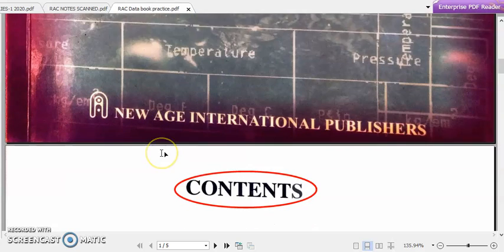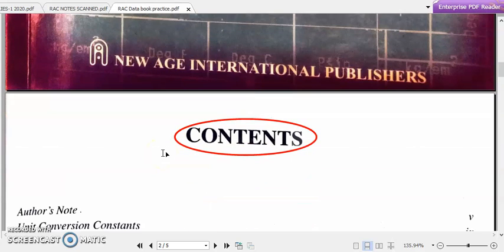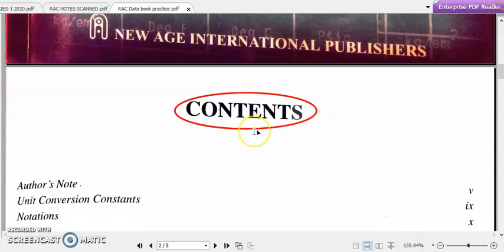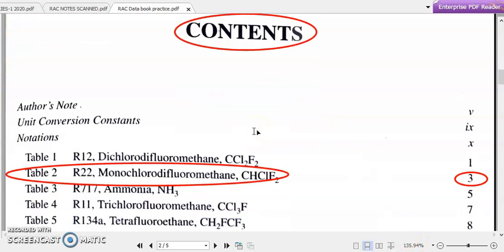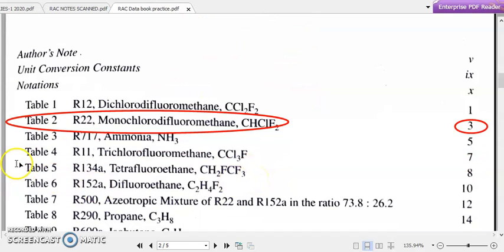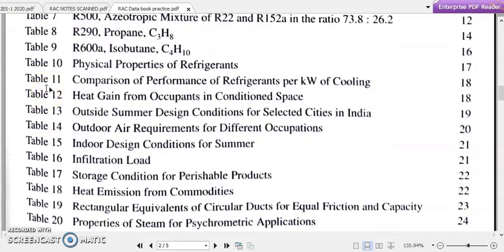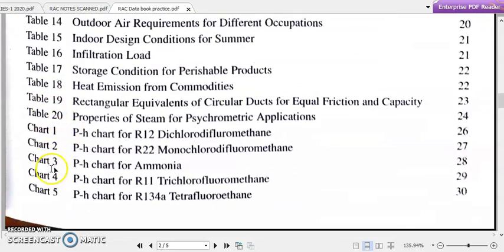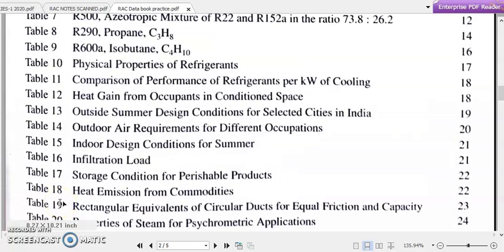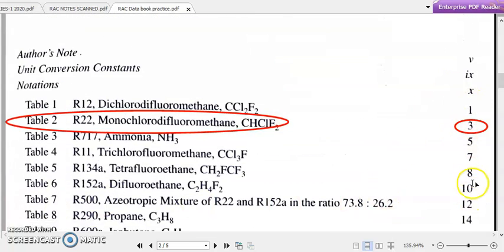So how can we refer to the tables of R22? Go straight to the contents page. If you look at the contents page, we can see there are many tables, table 1 up to, for example, 20, and then various charts. The associated page numbers are given.